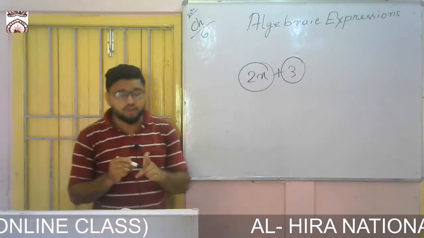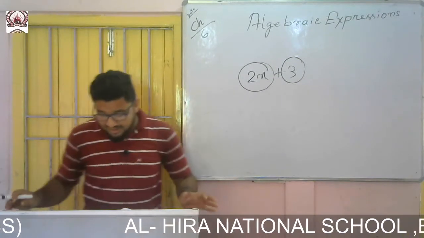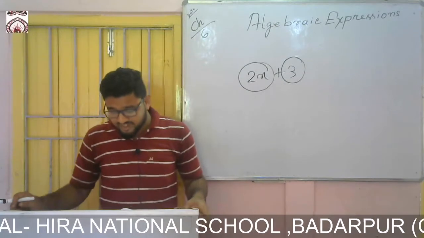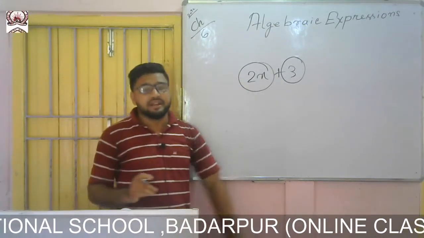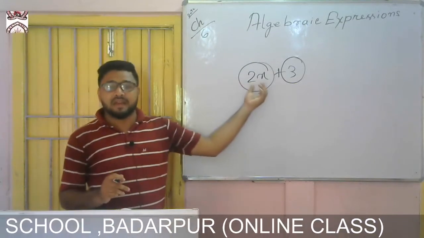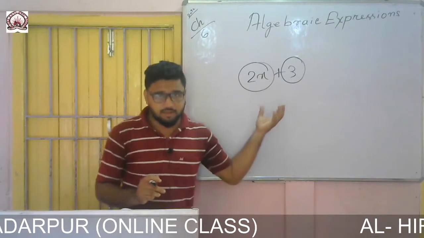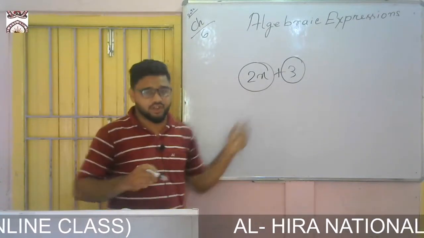So what is a term? A term is an arithmetic number, letter, group of letters, or group composed of arithmetic numbers and letters which are joined by multiplication or division. That means a term may be a letter, or maybe a number, or both letter and number with a relation, division or multiplication.